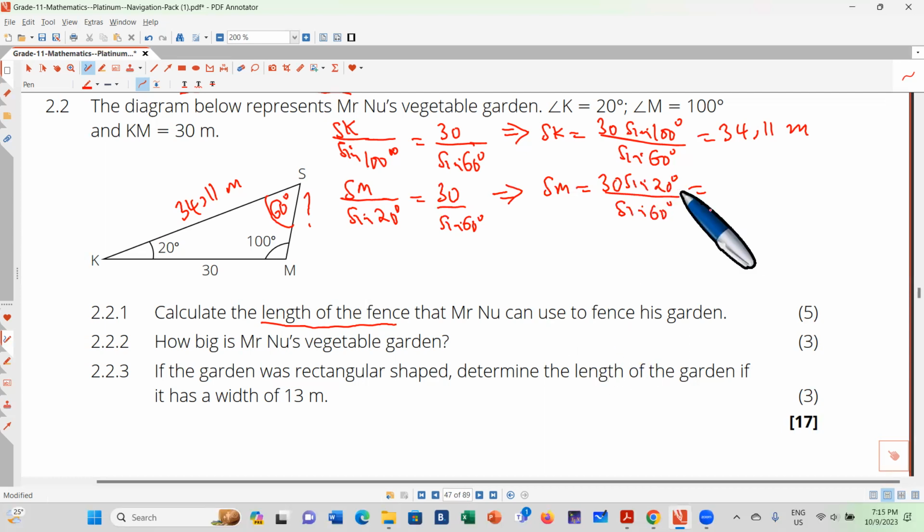If you multiply all these things, what it gives you is 11.85 meters.